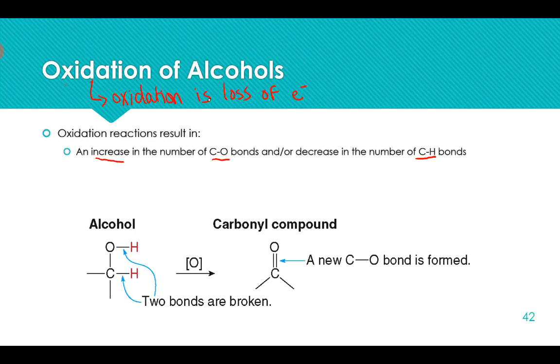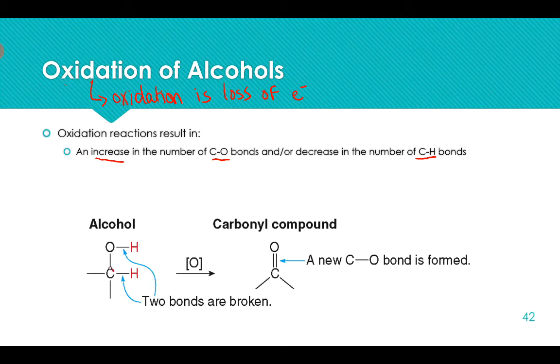Oxidation is the loss of electrons, so it might be a little tricky to figure out why increasing the number of carbon-oxygen bonds is a sign that we have oxidized. But it's a sign that we've oxidized because oxygen is going to be stealing electrons from things it's bonded to.